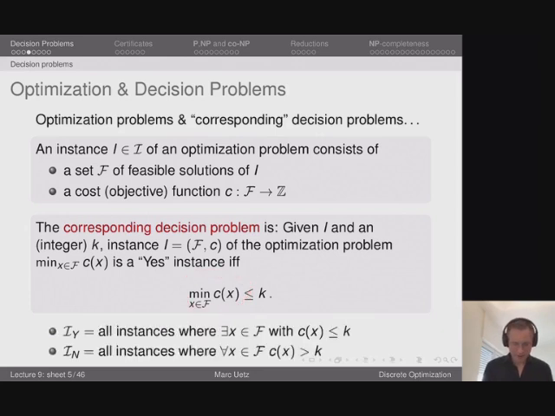Okay, so the yes instances would be all the instances that do have feasible solutions with value at most k, and the no instances would be all those where all the feasible solutions have a value strictly larger than k. And then this is mutually exclusive, and we have partitioned all the instances of the optimization problem into yes and no instances.